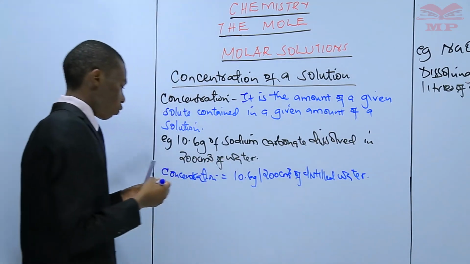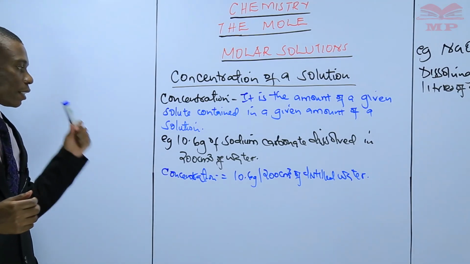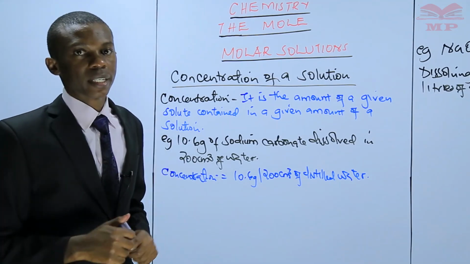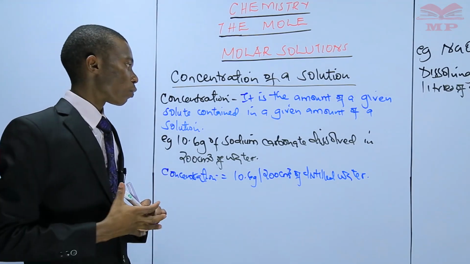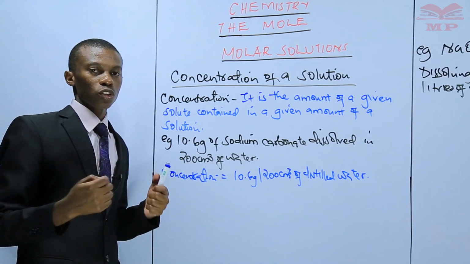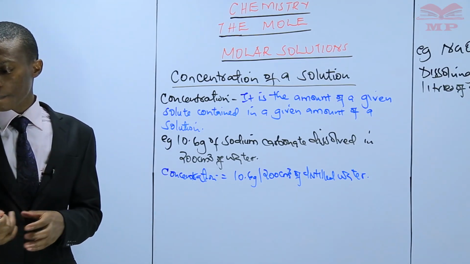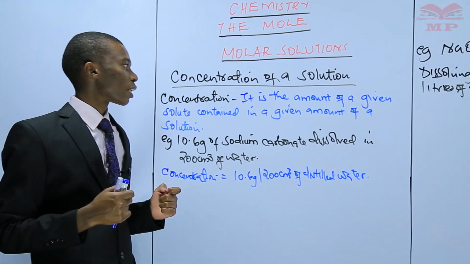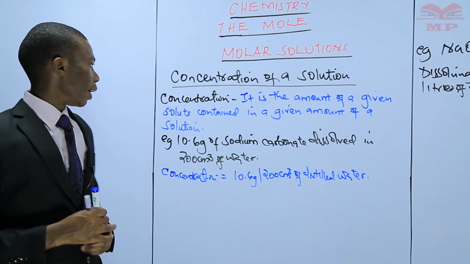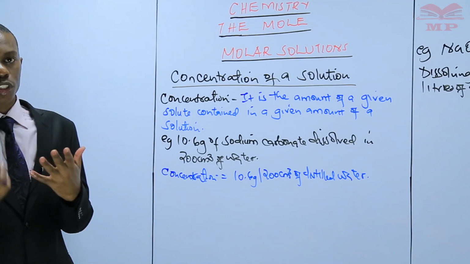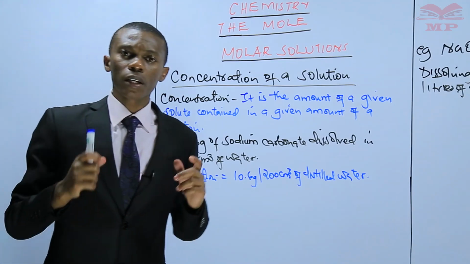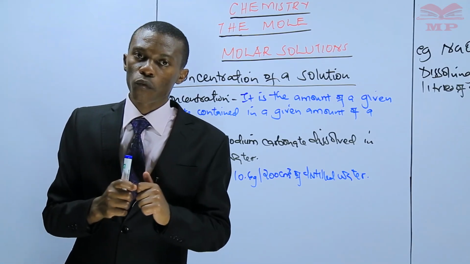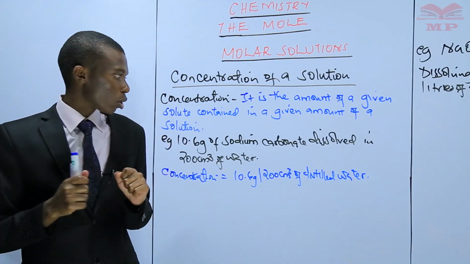That is the concentration of that solution, because concentration refers to the amount of a given solute contained in a given amount of a solution. That is what concentration is all about. At this time, I want us to do some examples on concentration of a solution.